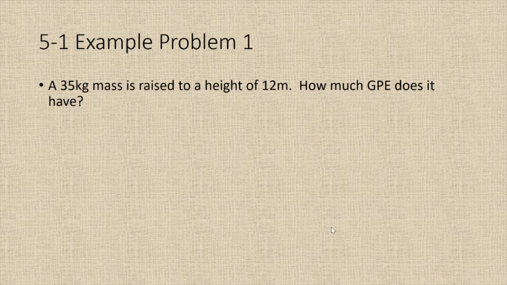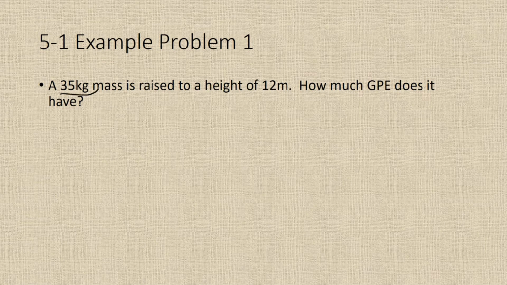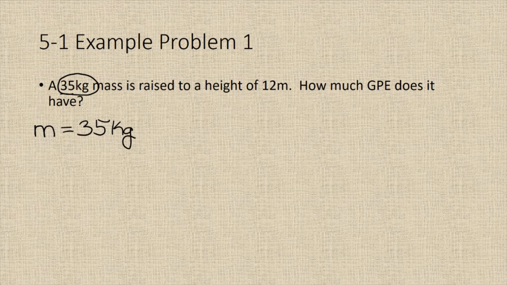So the first thing that we have to do is state our givens. As with any problem, knowing what we have to work with will help us figure out where we need to go with it. So the first thing that we have here is the mass. So we got that 35 kilogram mass. The next thing is that we're given the height of 12 meters.